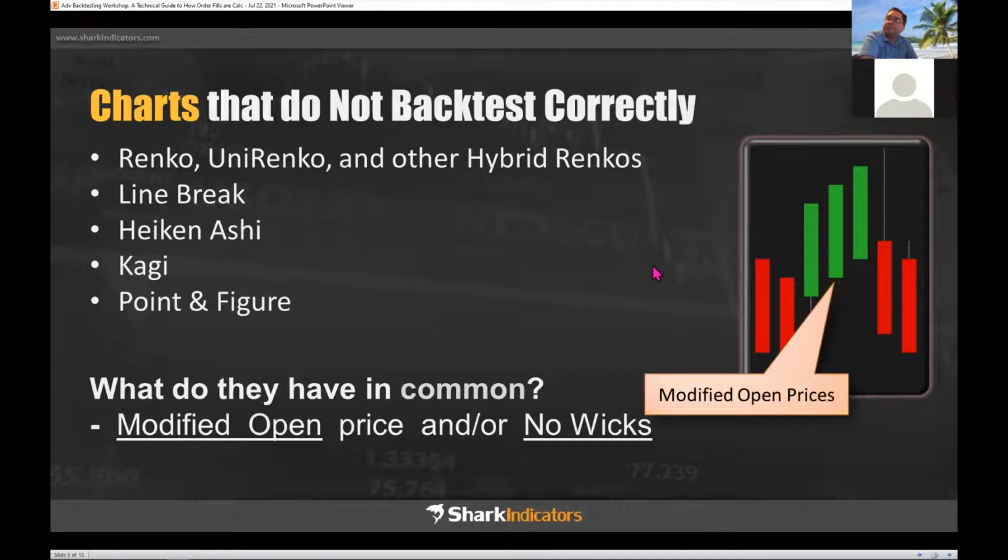This little chart shot just illustrates these hybrid Renkos, where the open price is severely modified. If the bar closes up here, you have to ask yourself, how does the open price get down here?